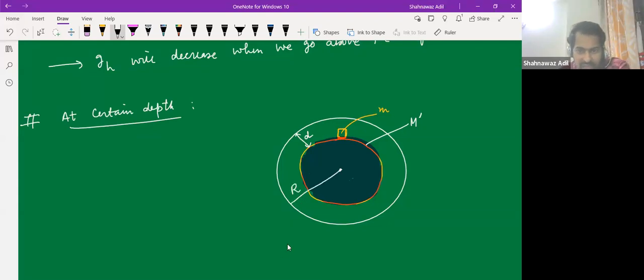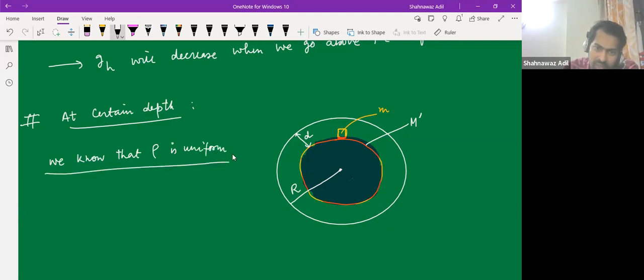And we know that rho, the density, is uniform. Which means that if we calculate this density at the surface, that is the mass of the Earth at R. That would be how much?